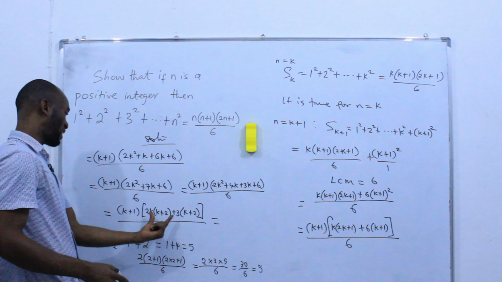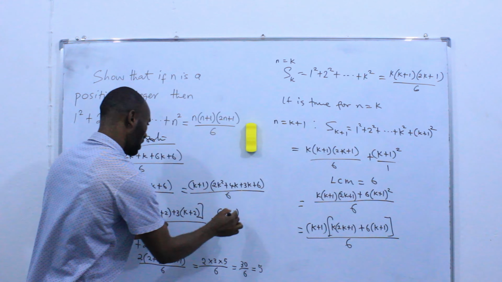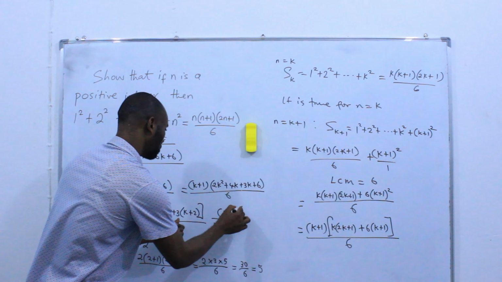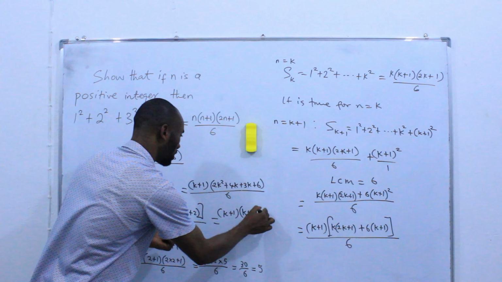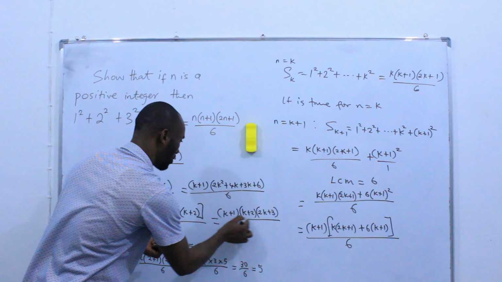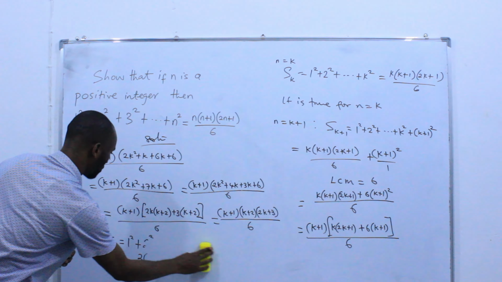If I simplify this further, I'm going to have (k+1)(k+2)(2k+3), all divided by 6.